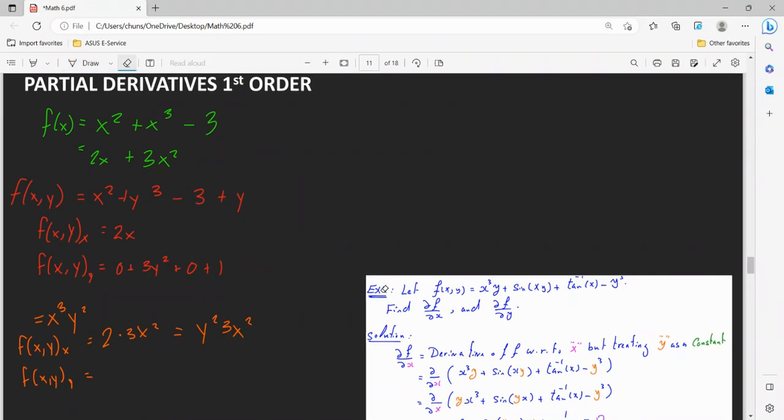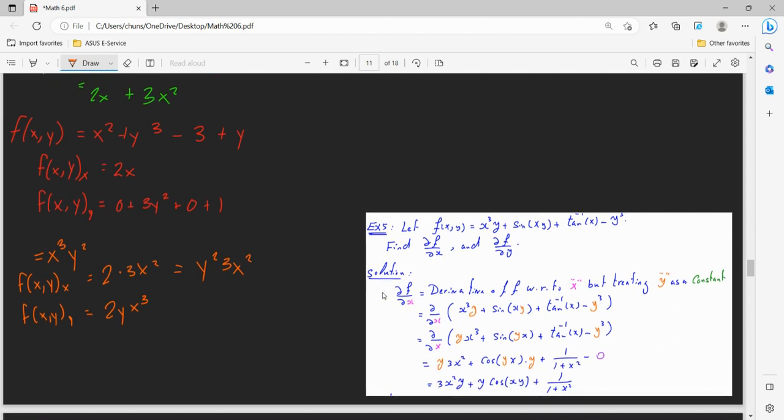So you just keep that as its own variable, as a constant. Don't do anything with it, just pretend it looks like another number. And when we do that for our y, we derive our y variable, and then we just add that coefficient x as if we were treating it as a constant. Okay?